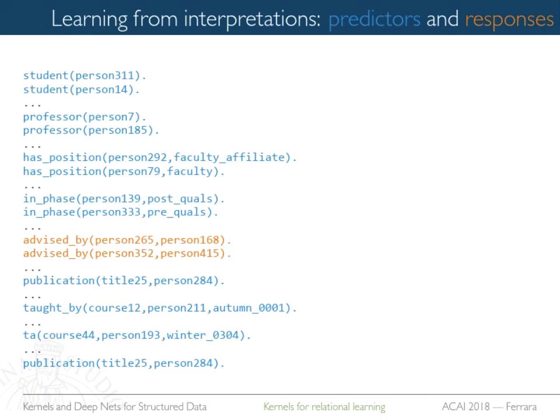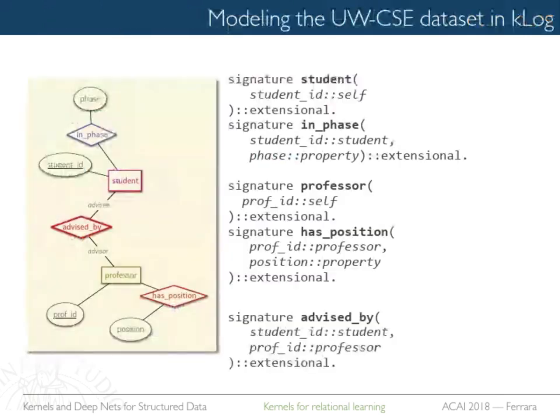Then you have other things, which I didn't mention before, like publications, for example, right? That this guy published this paper, with this identifier and title. Then you know which person taught which courses. Okay, all these things you can also, of course, declare here and add the corresponding signatures for.